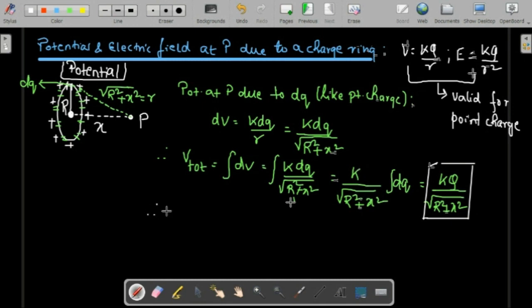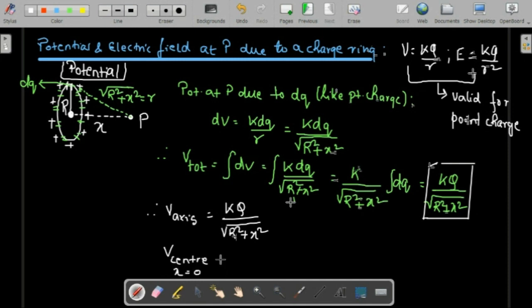So therefore we can write down that potential on the axis is nothing but this value, kQ by root over r square plus x square, and the potential at the center, center means x is equal to 0.